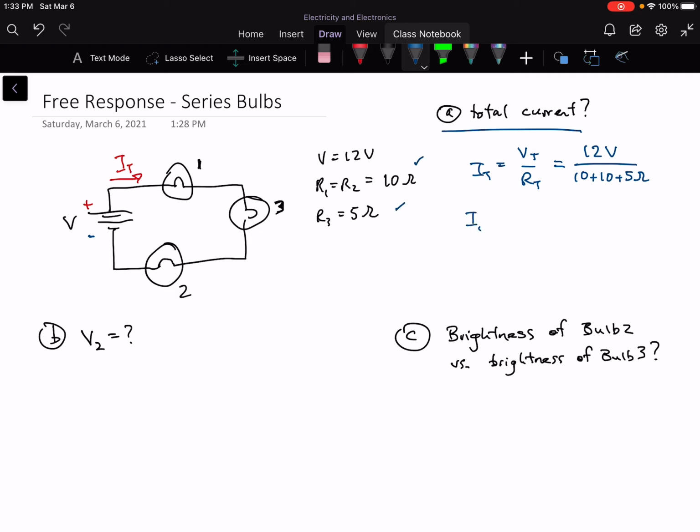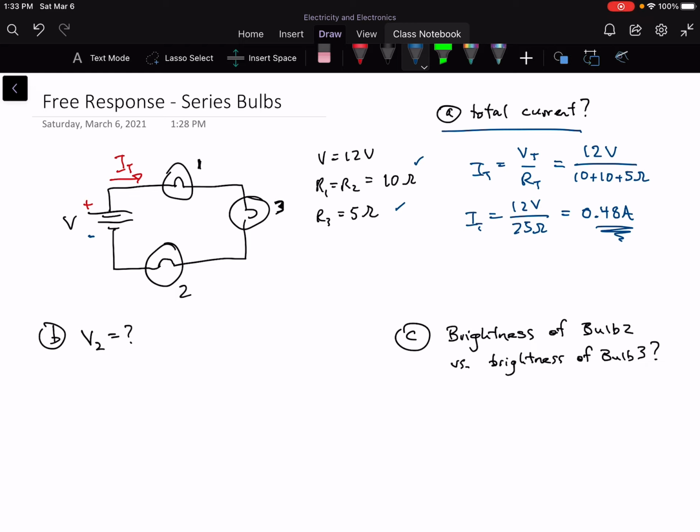That gives us 12 volts divided by 25 ohms, which in turn gives us just under a half an amp, 0.48, if I've punched it into my calculator correctly. Okay, so that's part A.